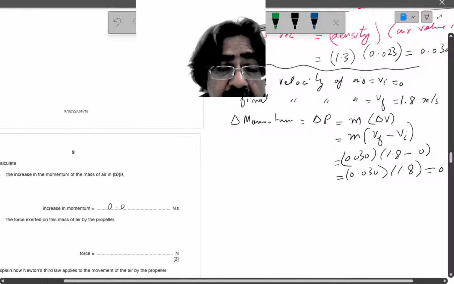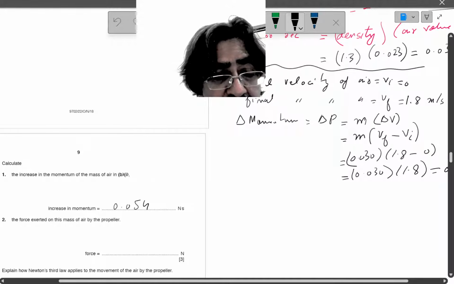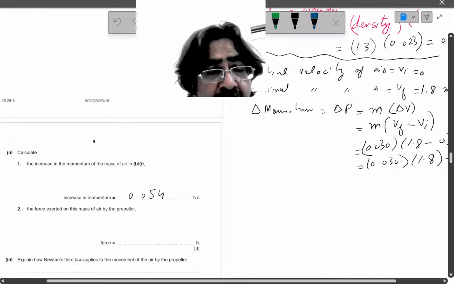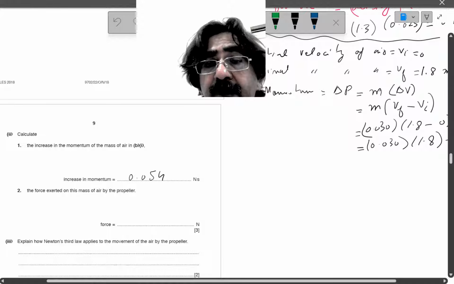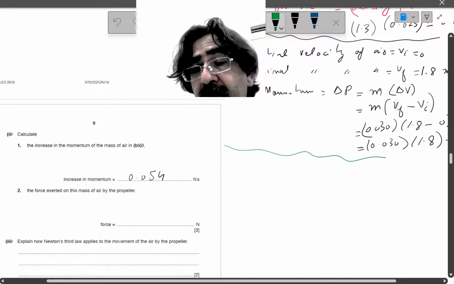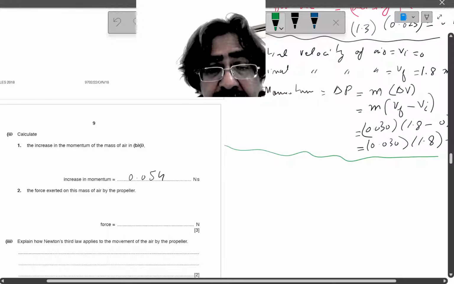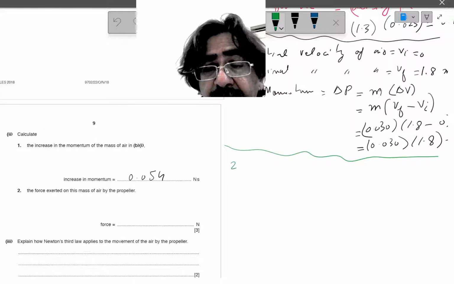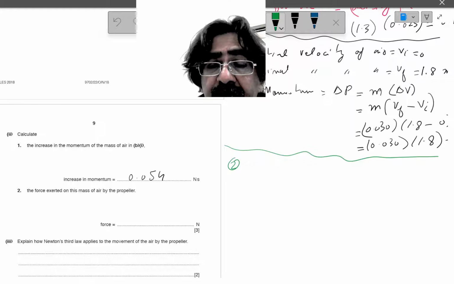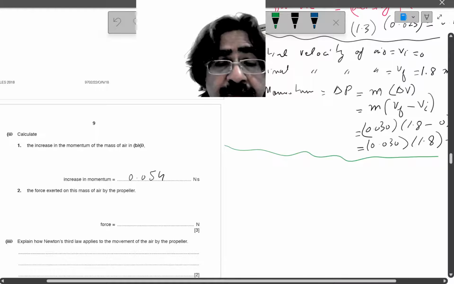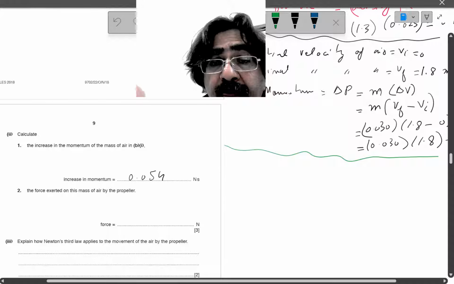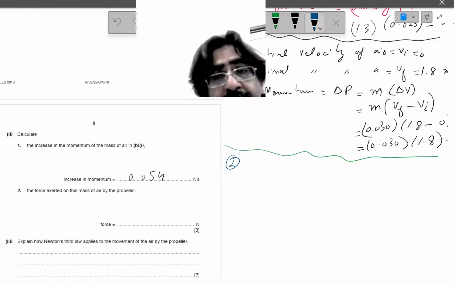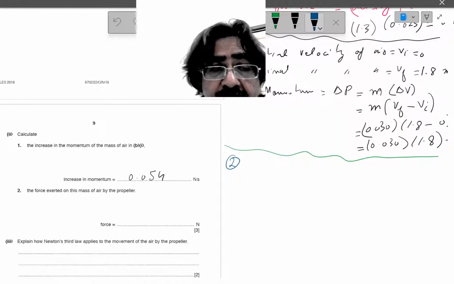This is the increase in momentum. This was the second part.